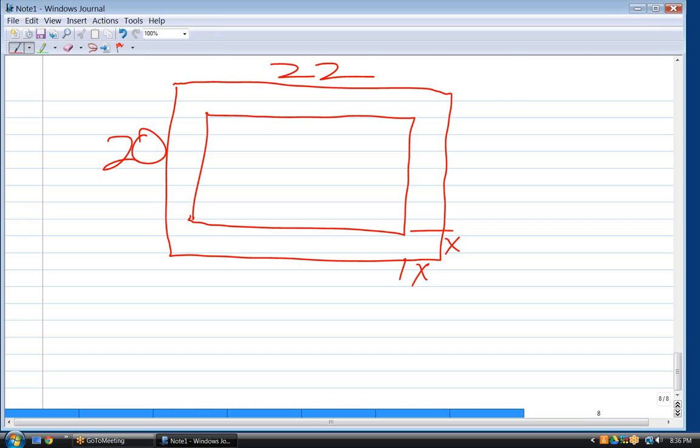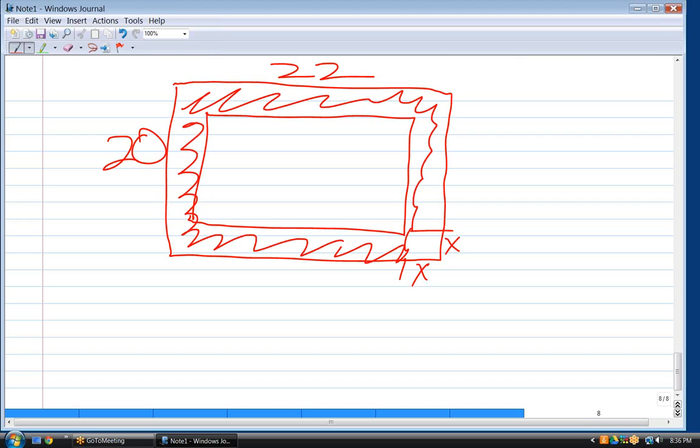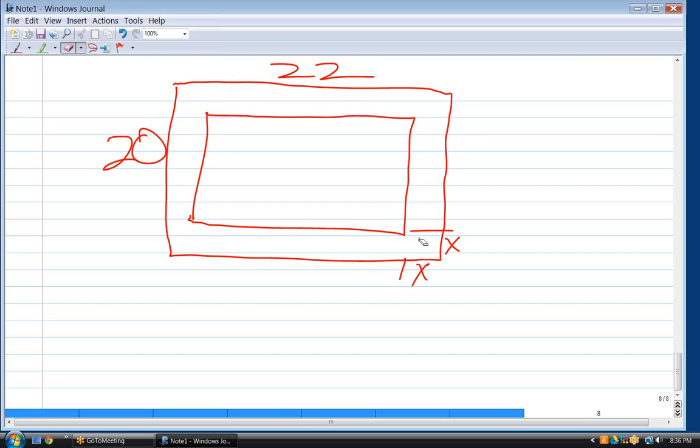Okay. I think they may want this area, or the area of the picture. I'm not sure what they're asking for or what exactly they've given us here.